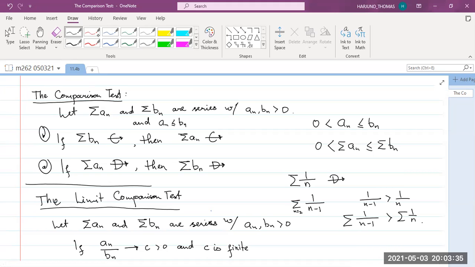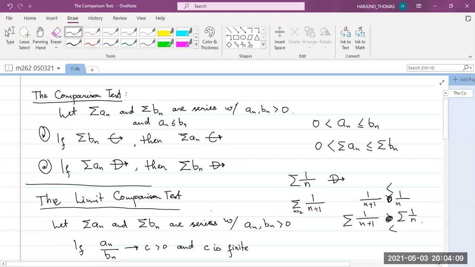Now, it doesn't work if I make it plus here. The series of 1 over n plus 1 is actually smaller than 1 over n. But bounding it above by something divergent does not give us any conclusion.